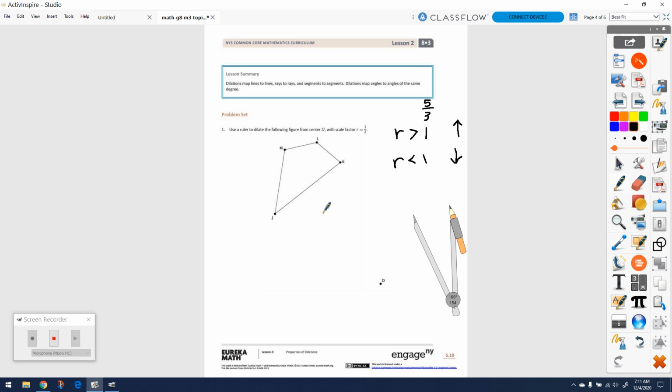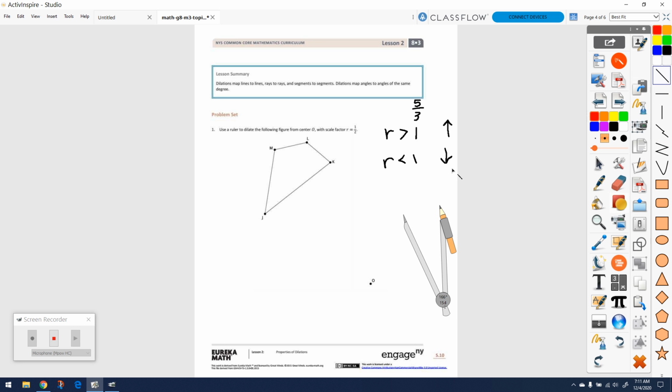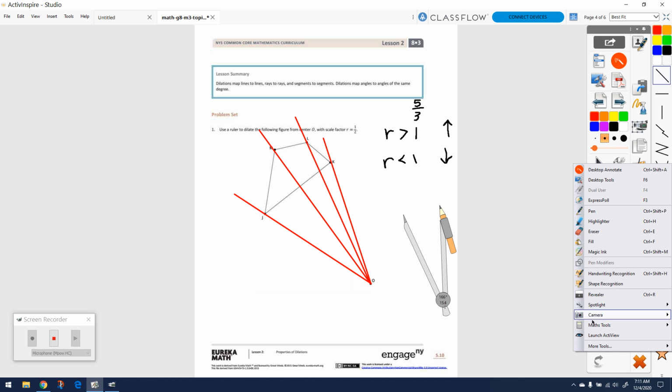All right, when you do this, let me go ahead and draw our lines. There it is to K, to L, M, and J. Are we ready? Grab your ruler. My ruler is not going to be the same as yours, so please be very careful.